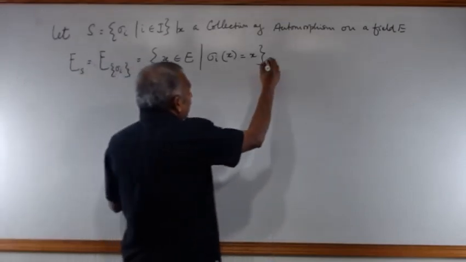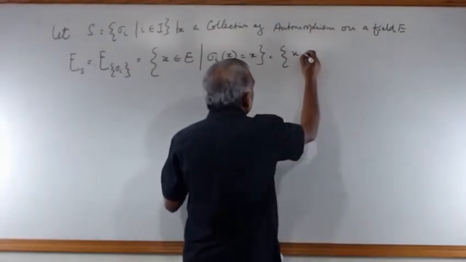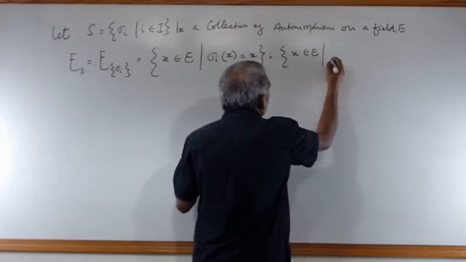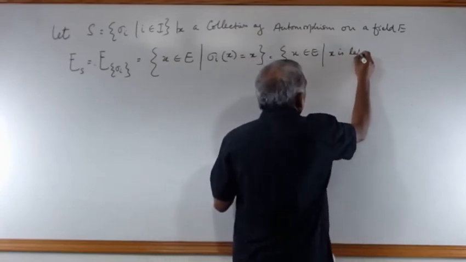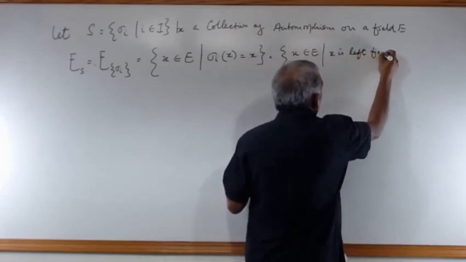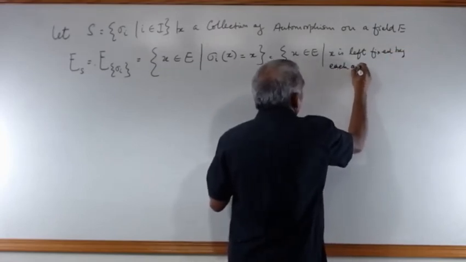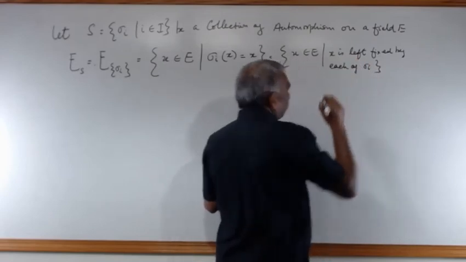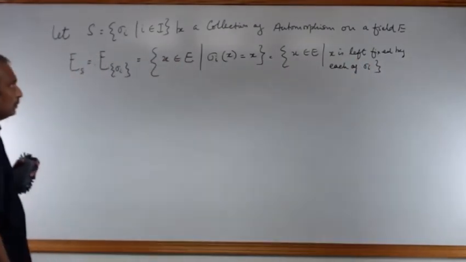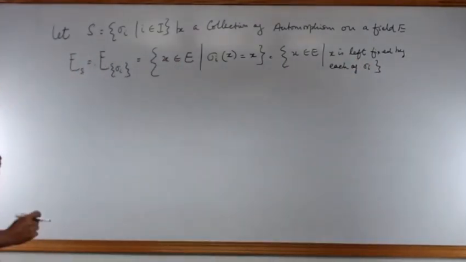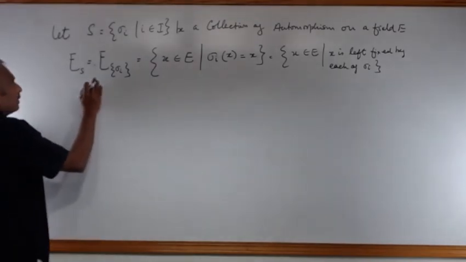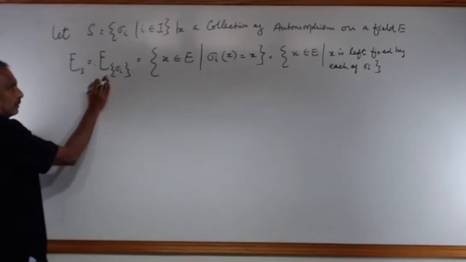Or you can say x belongs to E such that x is left fixed by each of the sigma i's. Then what can you say about this collection of elements from E?